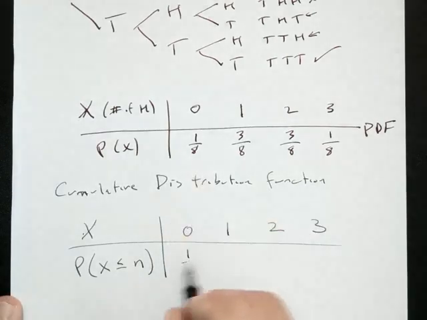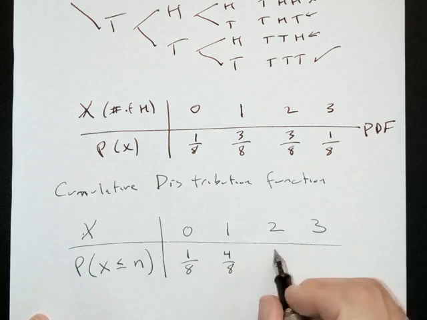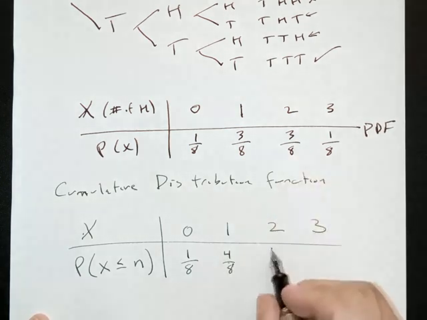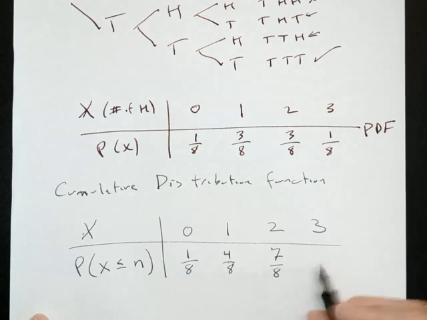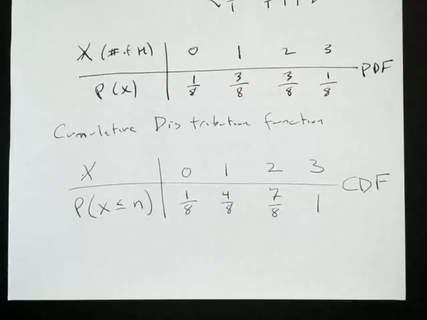So here, that's still 1/8, but what's the next one? It adds the 2 values. And the next one adds this next value on. And notice by the time we hit the end, we've got them all. We have a 1. This cumulative distribution function behaves slightly differently.